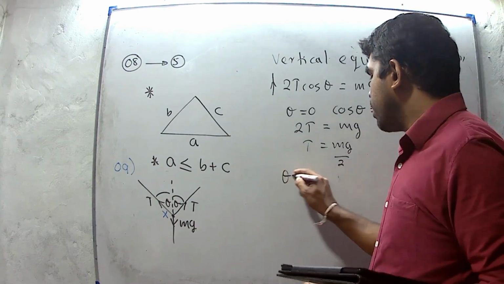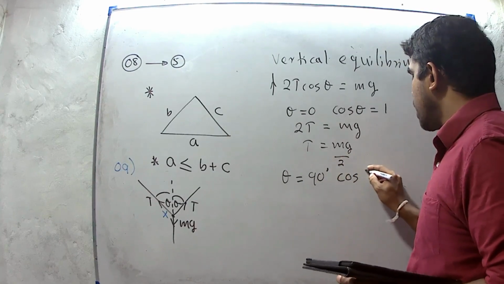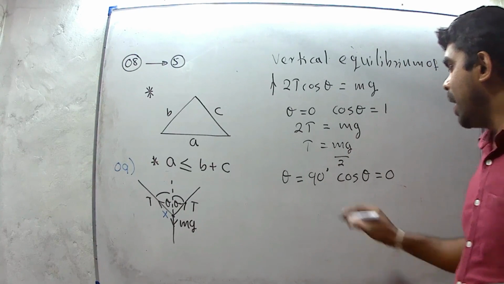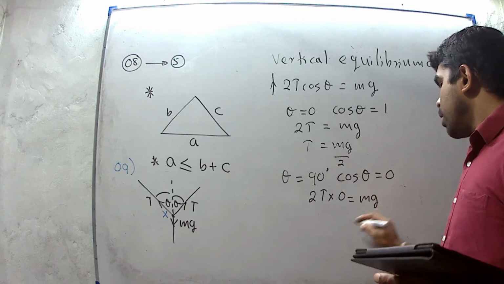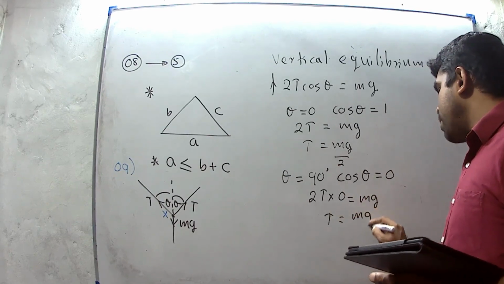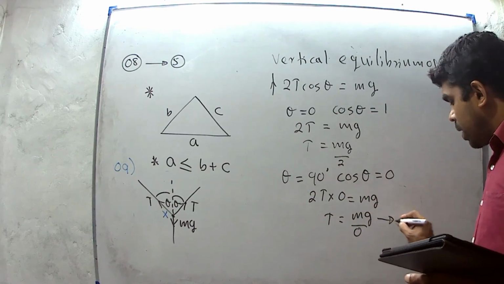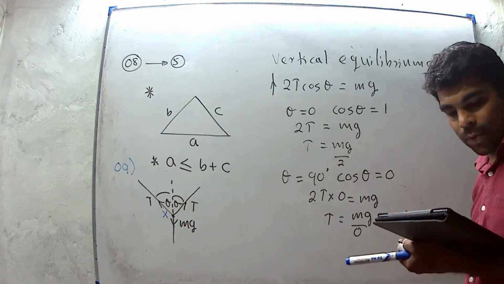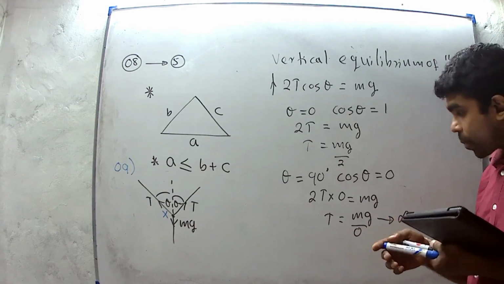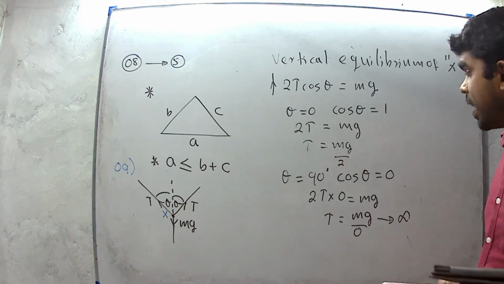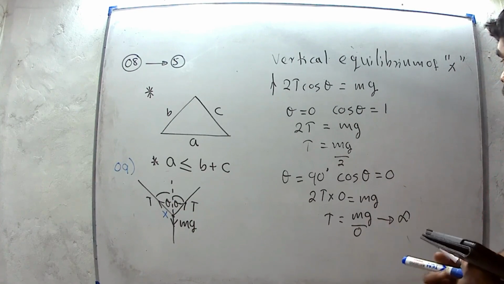When theta is maximum, it means theta value 90. Cos 90 is 0. Then 2T into cos theta 0 equals mg. We can get T as mg divided by 2 into 0, which is mg divided by 0, meaning it is infinity, the larger value. Then it should increase from mg over 2 to infinity.